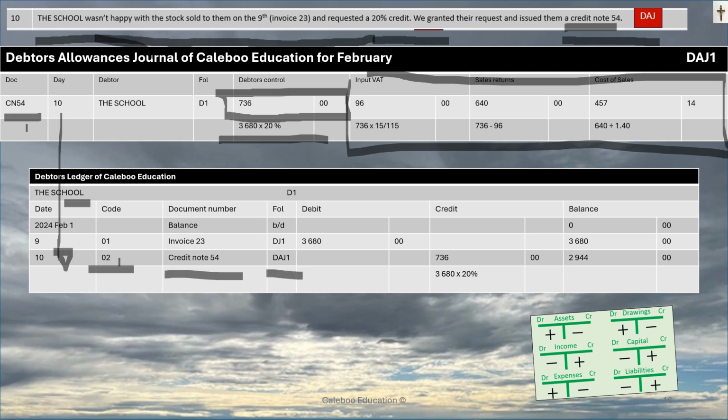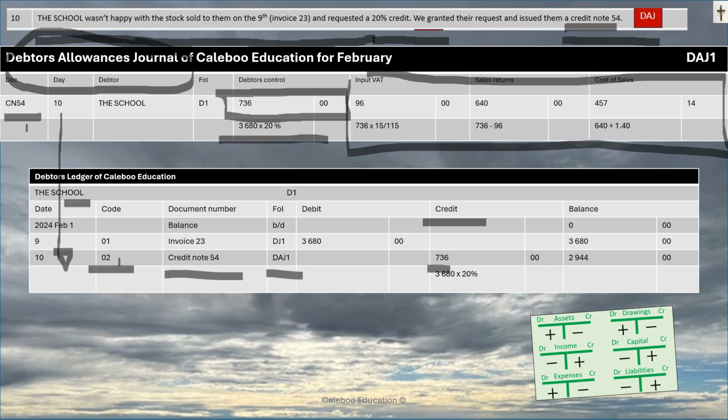A credit, which is given to a debtor, is recorded in the debtor's allowance journal, and the amount of the credit is 736.